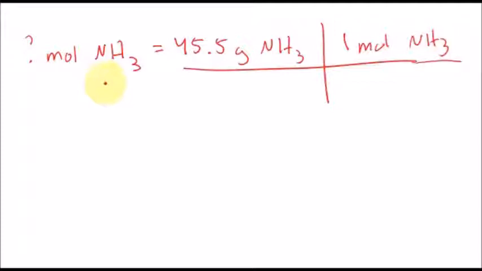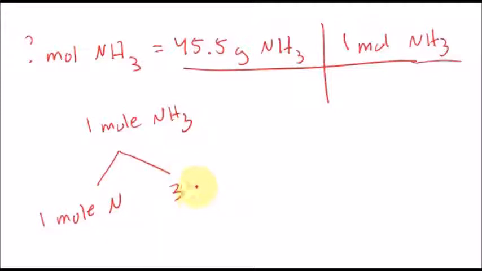What we're going to have to do is look at NH3. 1 mole of NH3 is technically 1 mole of nitrogen and then 3 moles of hydrogen.